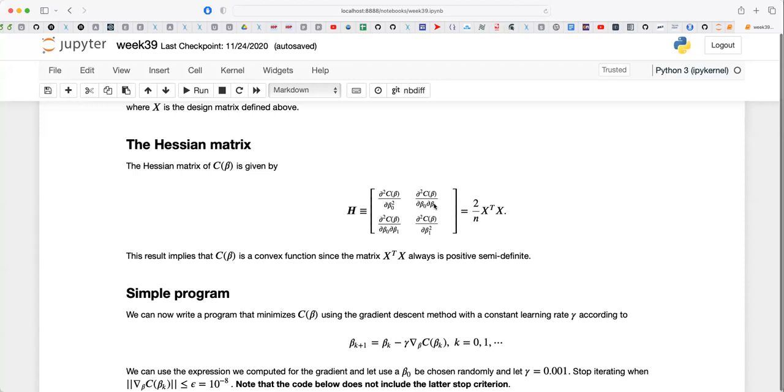So this kind of case where we fit a second order polynomial is actually not that different from what you are doing in project number 1 here, because typically if you fit, let's say, a second order polynomial, you would have 6 parameters for this Franke function. And that means that your Hessian matrix would be a 6 by 6 matrix.